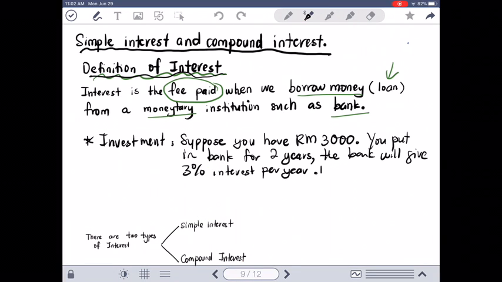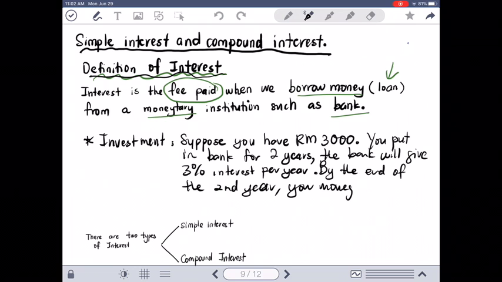So by the end of the second year, your money should be more than the value 3,000.